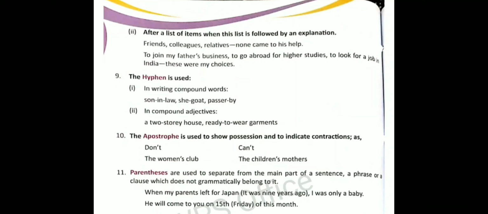You must have learned about possessive nouns, isn't it? In that also you must have heard about the apostrophe. So here it is used to show possession or indicate contractions. Examples are here: don't, can't, the women's club, the children's mother.